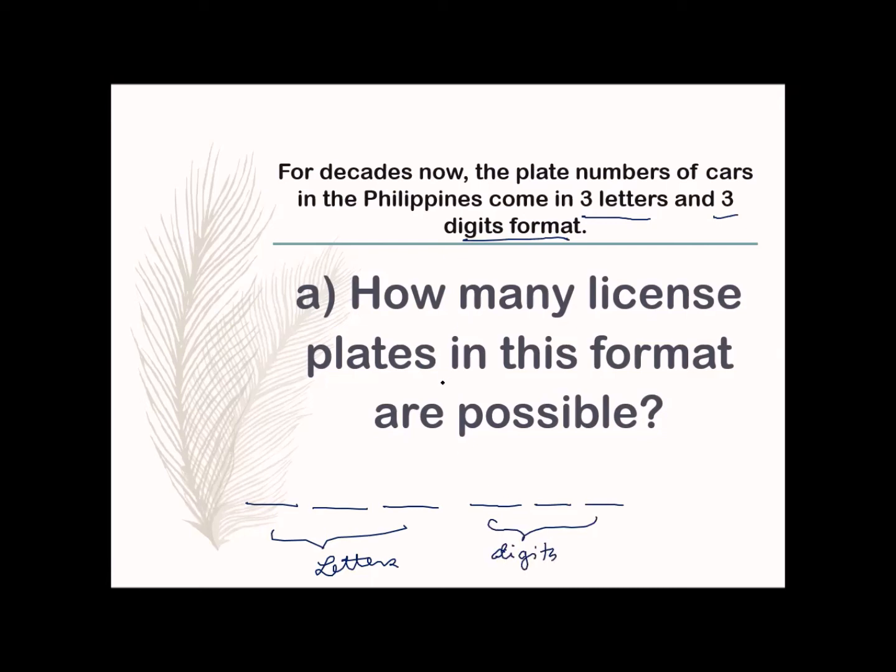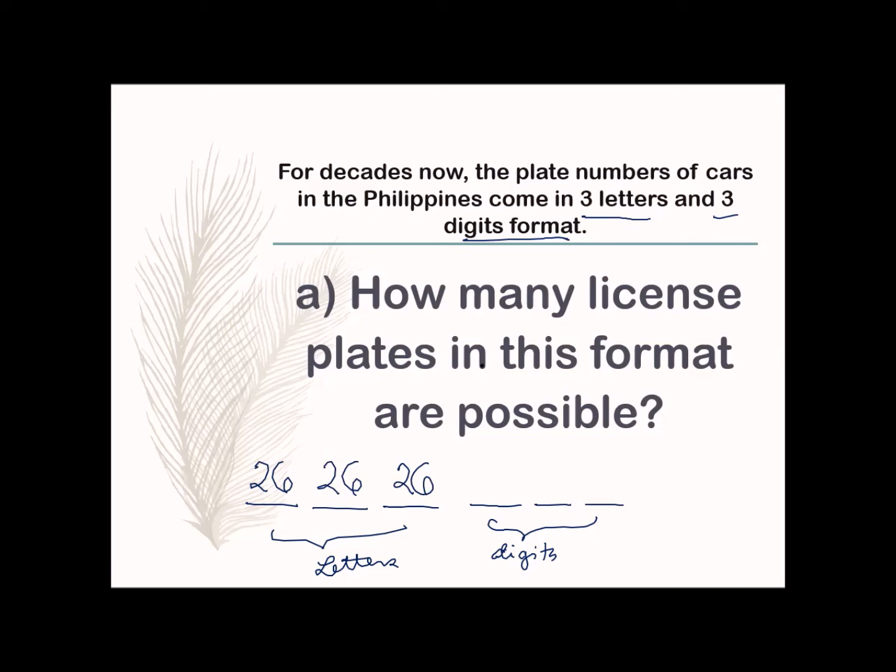In an English alphabet, ilan ba lahat? How many letters do we have in an English alphabet? So, we have 26. So, ibig sabihin, dahil walang restrictions na binanggit dito sa problem na to, lahat pwedeng pwede nating ilagay. Kasi pwedeng maulit yung letters. Tama po ba? Pwedeng maulit ang letters in a plate number. Ganun din dun sa digits.